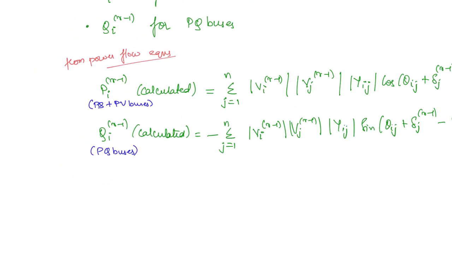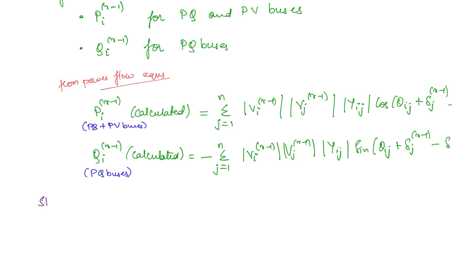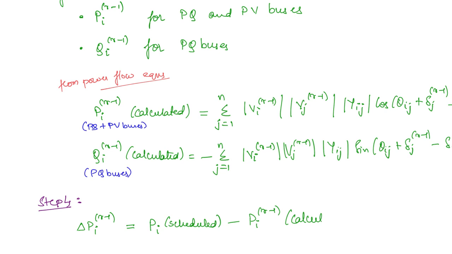Now the next step, step 4, here you have to find delta Pi and delta Qi. So delta Pi, superscript r minus 1, is equal to the power that is scheduled or specified, right, for the PQ bus, minus Pi r minus 1 calculated.